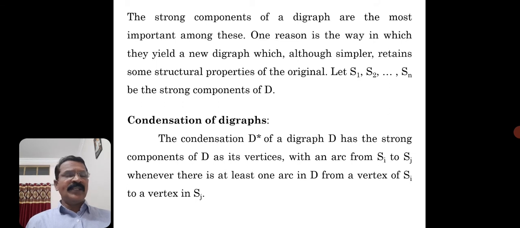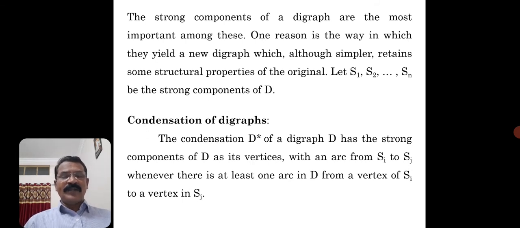We join these two, Si to Sj, whenever there is at least one arc in D from a vertex of Si to a vertex in Sj. So what I am going to say is that the vertices of the condensation of a digraph D are the strong subcomponents.